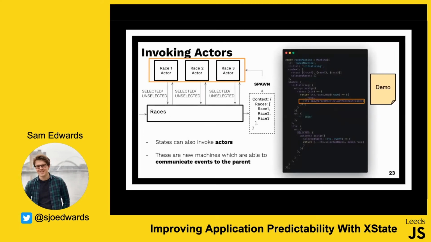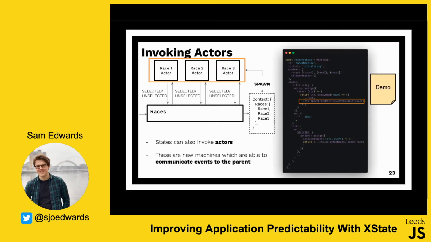So this is the best example I could come up with, within the limitations of the analogy that I've got. But say that we've got a parent state called races, and in the context, I've got some objects which represent an abstraction of a race. We can spawn a service for each of those races, which become their own machine.